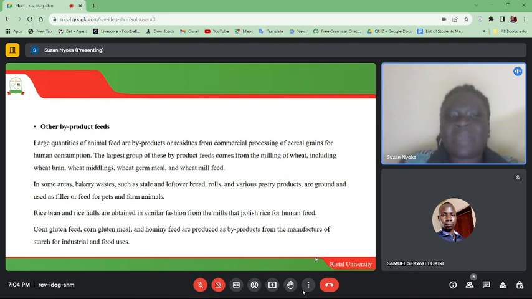In some areas, bakery waste such as stale and leftover bread, rolls, and various pastry products are ground and used as filler or feed for pets and farm animals. And then rice bran and rice hulls are obtained in similar fashions from the mills that polish rice for human consumption. Corn gluten feed, corn gluten meal, and hominy feed are produced as byproducts from the manufacture of starch for industrial and food uses.